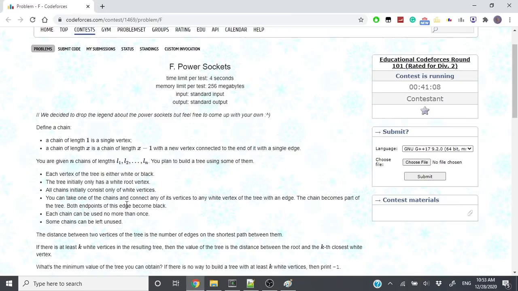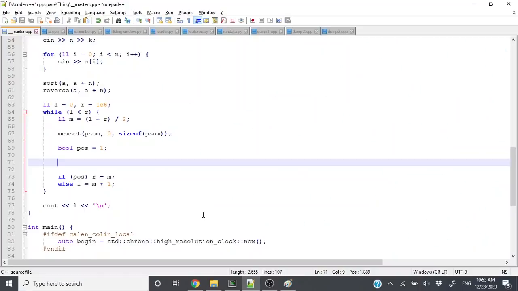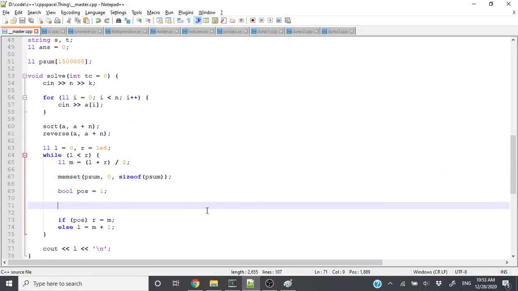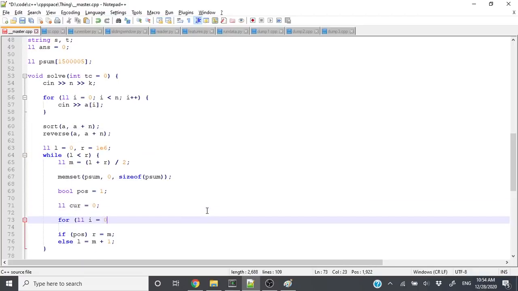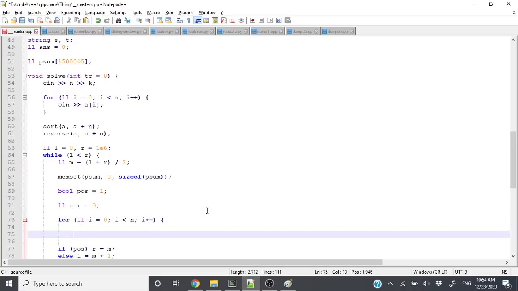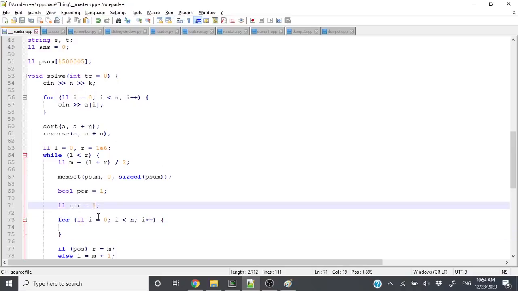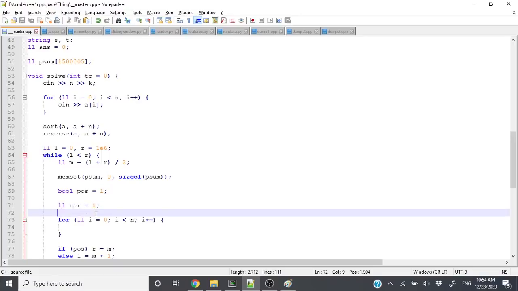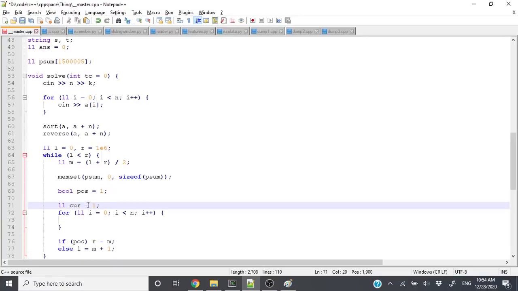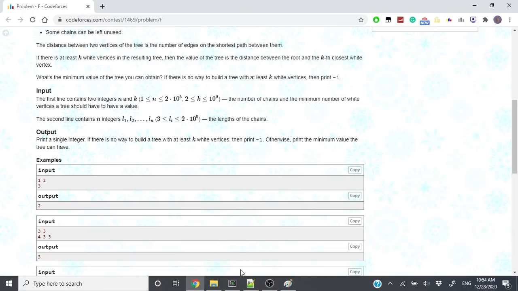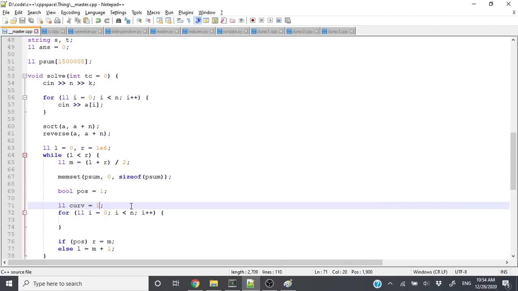So now we do some stuff. So curV is equal to 0. Actually, it should be 1. This is the current number of vertices we have, because sometimes it's suboptimal to stick on chains at all. So we want to check at every possible step if we have at least k. And again, I will explain this more in depth later.